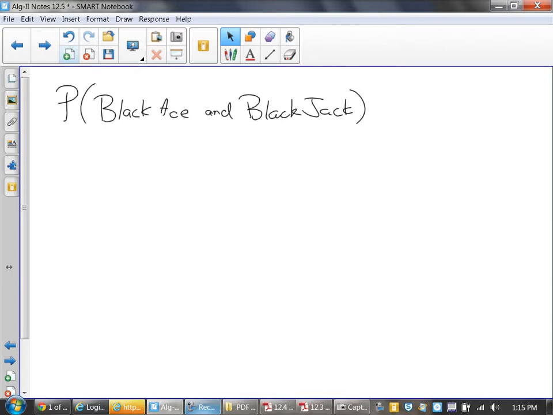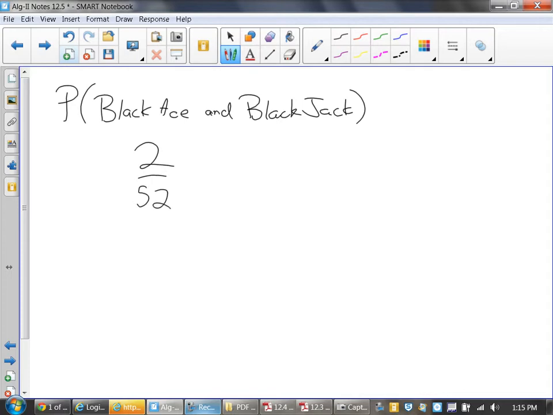Now, how many black aces are in the deck of cards? There's 2 of them. So the probability of the first card being a black ace is 2 out of 52. I don't put that back in the deck, therefore how many cards are left to draw from? 51 of them.